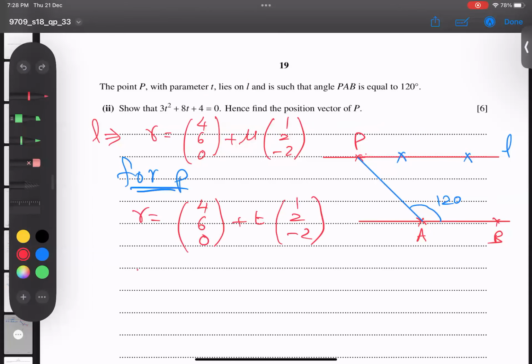Now if I simplify it, I convert it to standard form. So from here I get 4 plus T, then 6 plus 2T, and 0 minus 2T, which is negative 2T. Students, this represents millions of points that lie on the line.